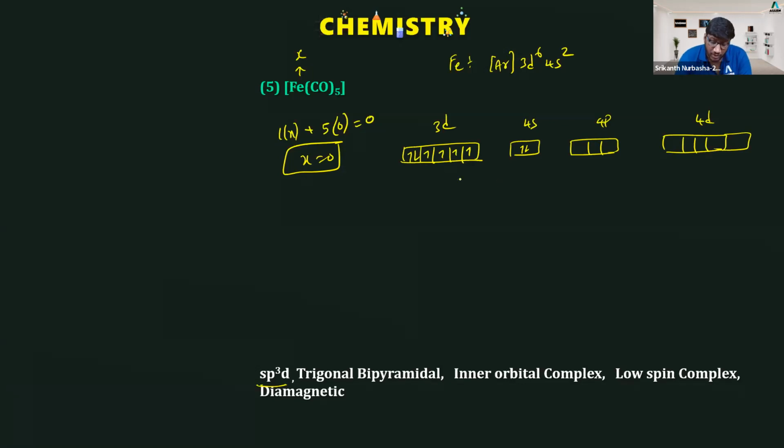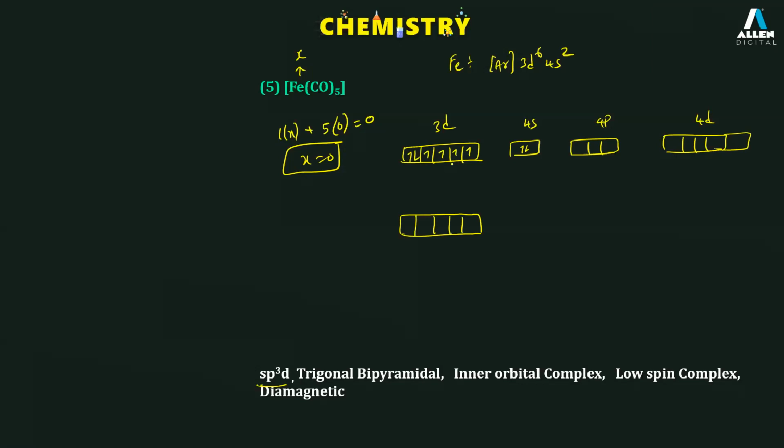Now what will happen, students? CO is a strong field ligand or weak field ligand? CO is a strong field ligand. Because of that strong field, what is going to happen with the inner electrons of 3d? They are going to be paired up.